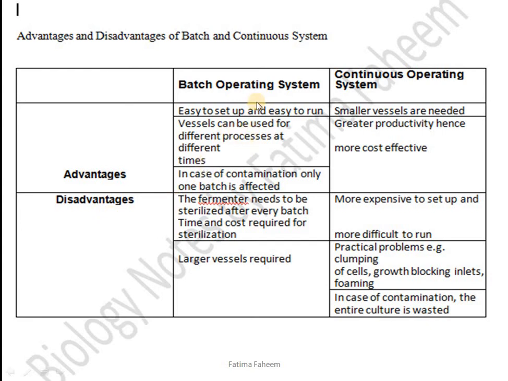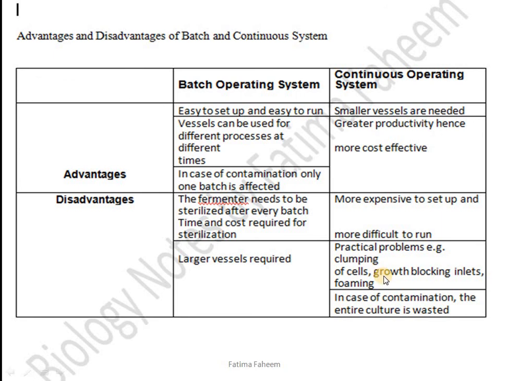Now we have to see the disadvantages of batch and continuous operating systems. The disadvantage for the batch operating system is that time and cost are required for sterilization. The fermenter needs to be sterilized after every batch. And for this operating system, you need to have a larger vessel. On the other hand, continuous operating systems are more expensive to set up and more difficult to run. Practical problems include clumping of the cells of the microorganisms.